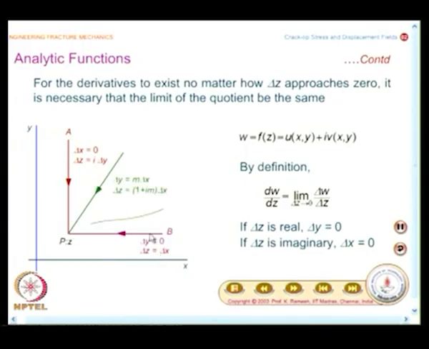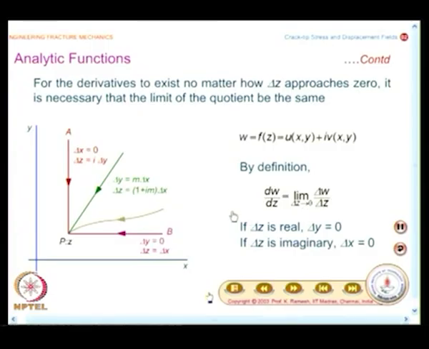When delta z is real, you will proceed like this, or it could be any generic path, either as a straight line or as a curve. In whichever way delta z tends to 0, I must have a unique value for delta w by delta z in the limit delta z tends to 0.